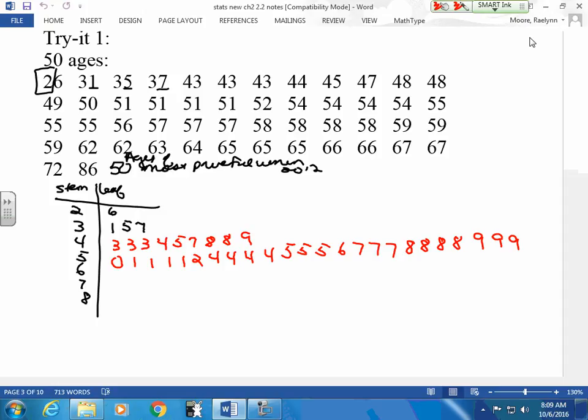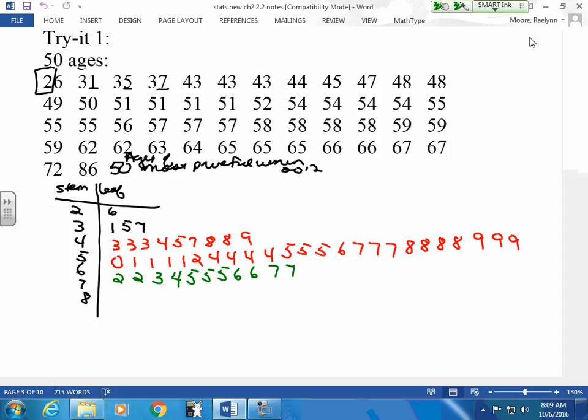The 60s, I have 2 2s, 1 3, 1 4, 3 5s, 2 6s, 2 7s.